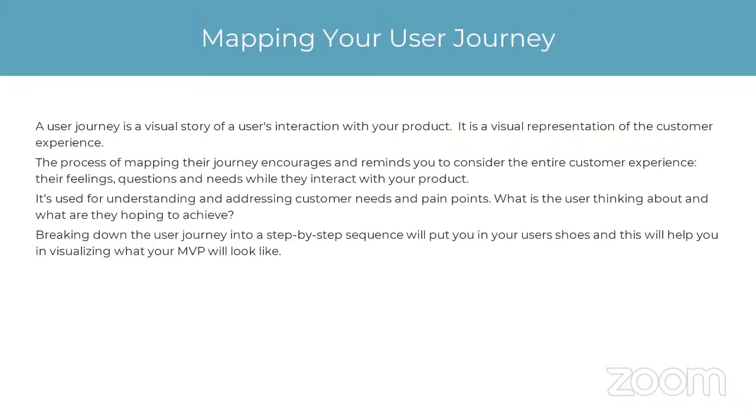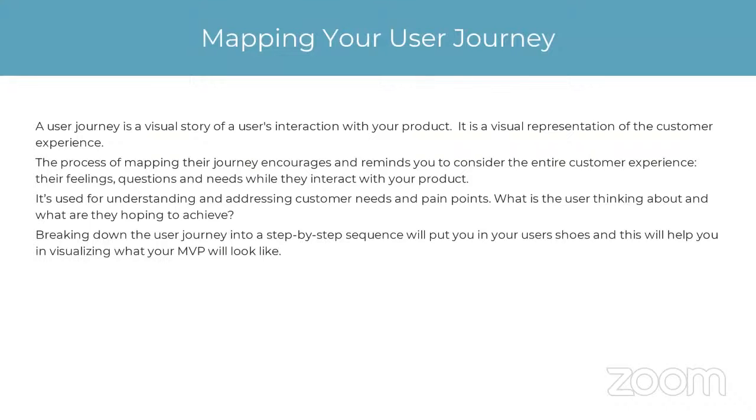So the next one we're talking about is mapping our user journey. So we have here that a user journey is a visual story of a user's interaction with your product, right? It's a visual representation of your customer's experience. So the process of mapping their journey encourages and reminds you to consider the entire customer experience, their feelings, questions and needs, why they interact with your product.